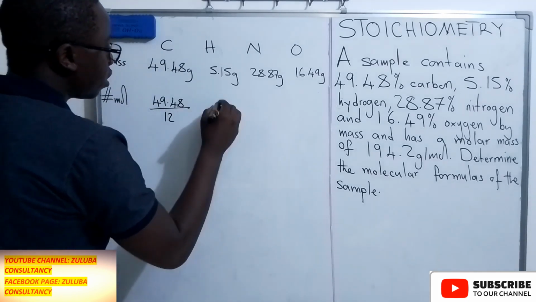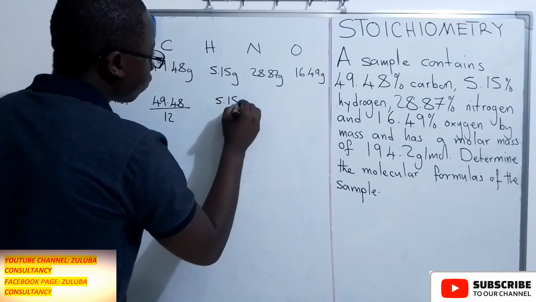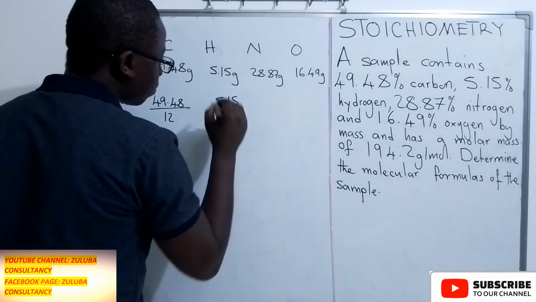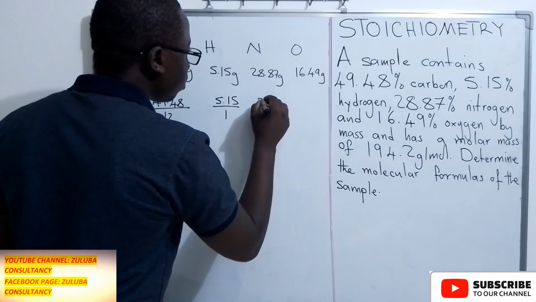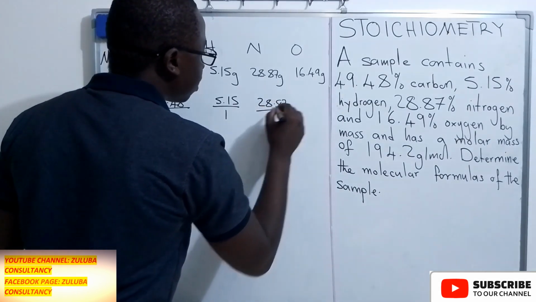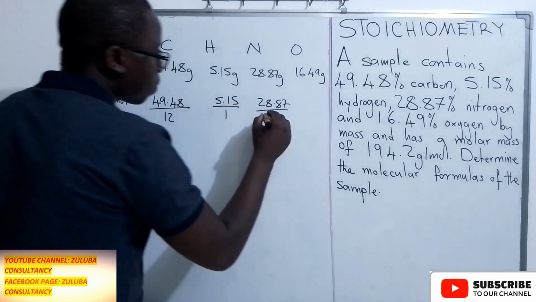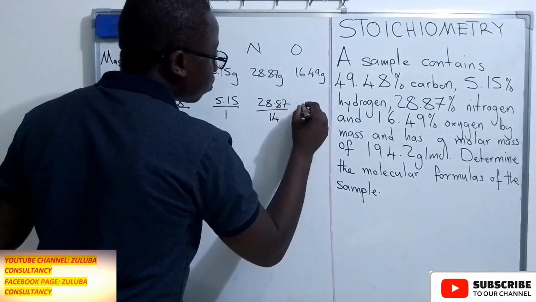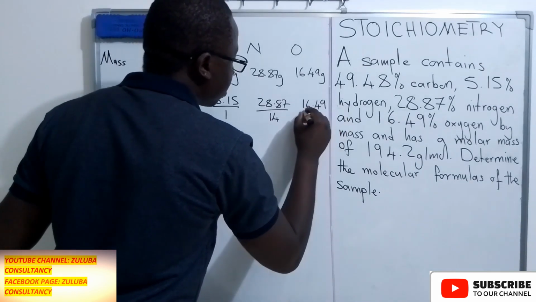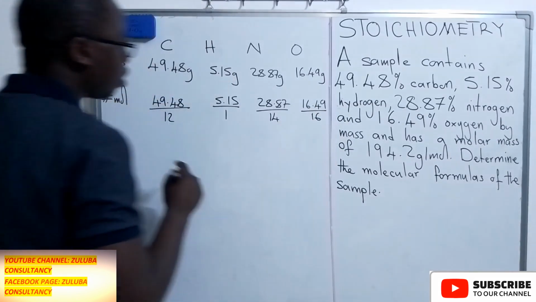Then hydrogen: 5.15, with relative atomic mass 1. Then nitrogen: 28.87, with relative atomic mass 14. Last but not least, oxygen: 16.49, with relative atomic mass 16.